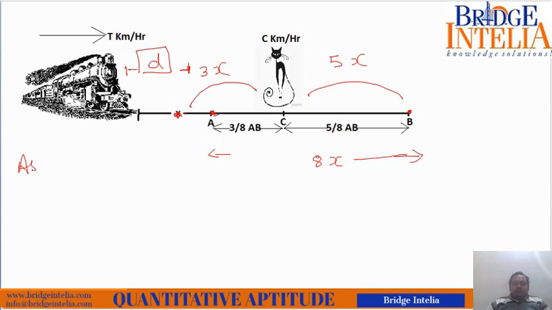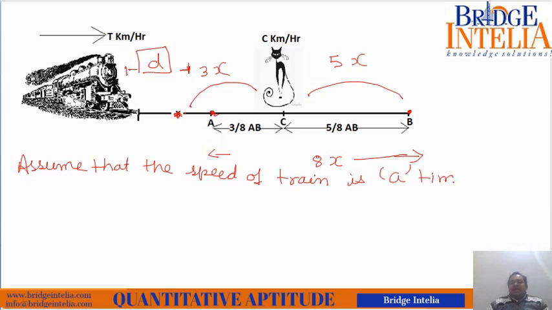So assume that the speed of the train is a times the speed of the cat.